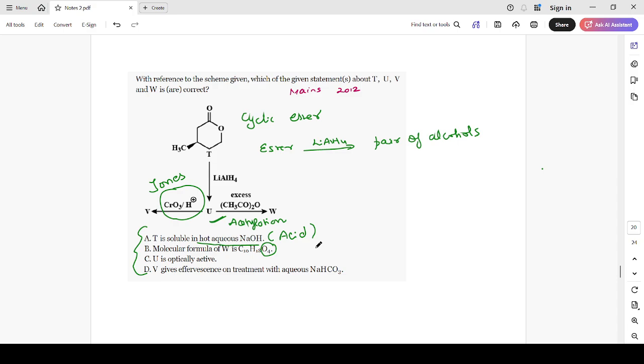And U is optically active. So definitely it should have a chiral carbon and not have a plane of symmetry, no POS, then it should be optically active for us.